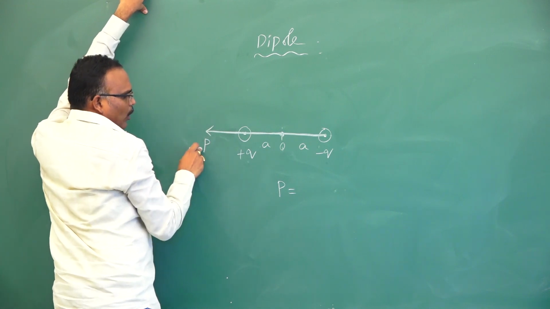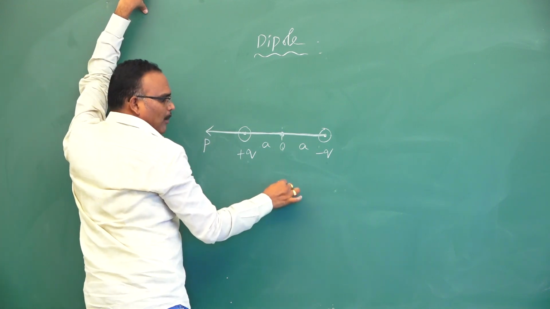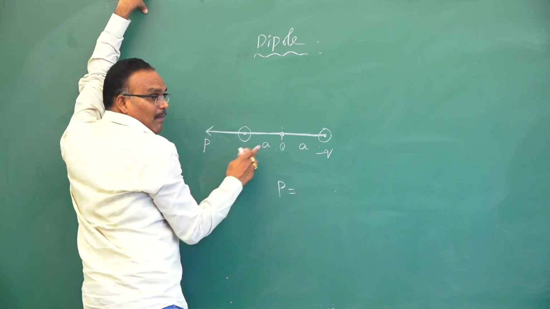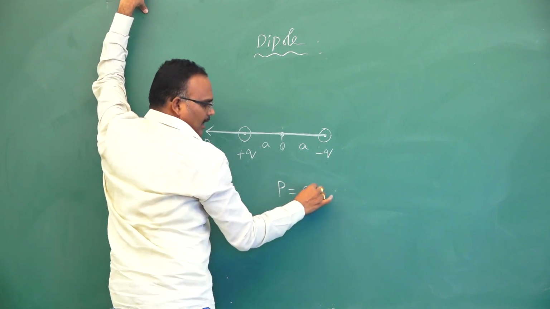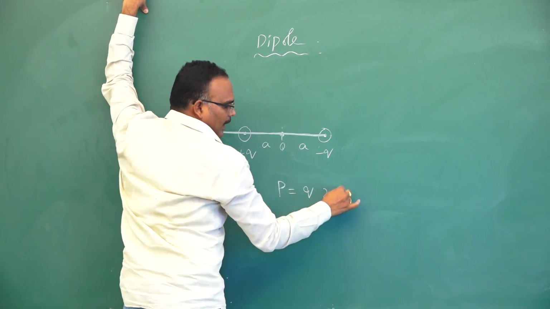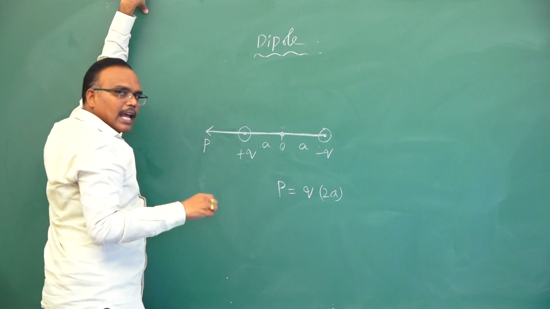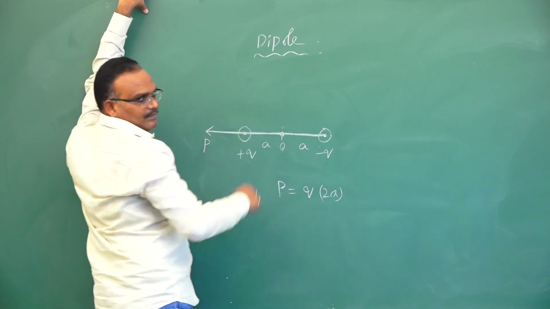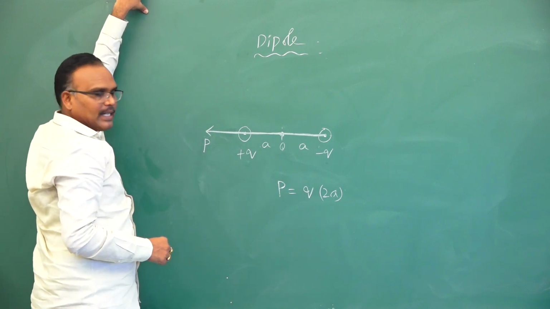So, this is the dipole moment. Dipole moment is the product of the magnitude of one of the charges and the dipole length. That is called dipole moment.